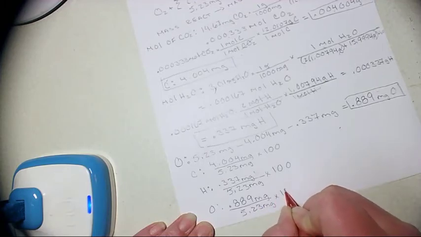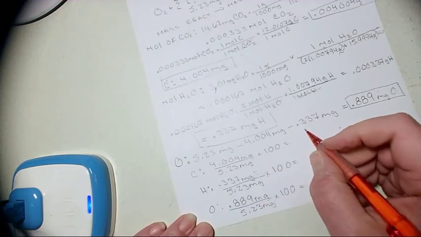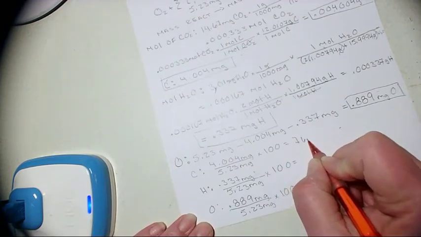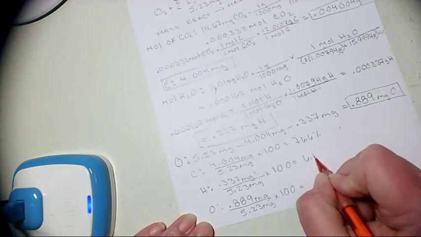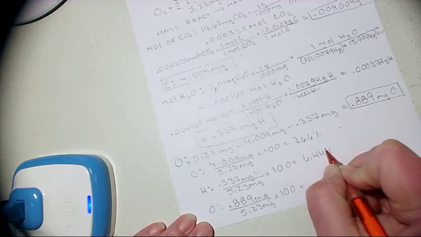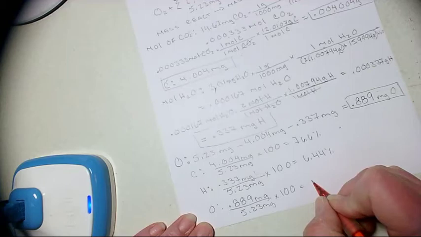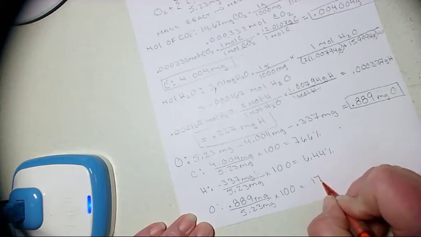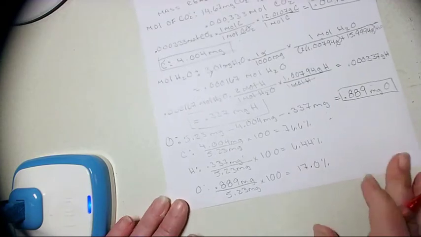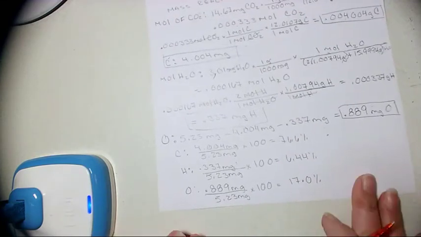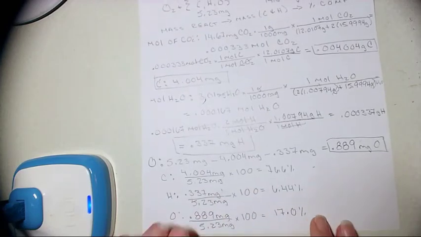That times 100 gives me, let's see, 76.6% carbon, 6.44% hydrogen, and the leftover is 16.96 or 17.0% oxygen. There you go.